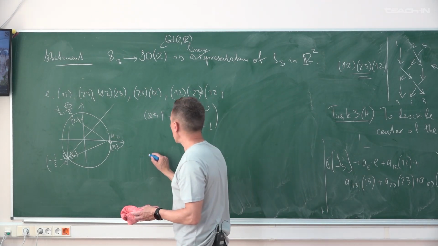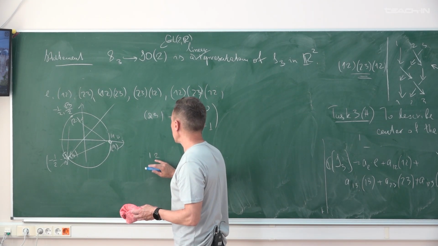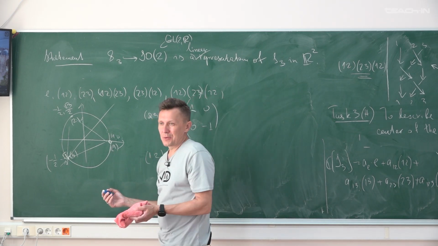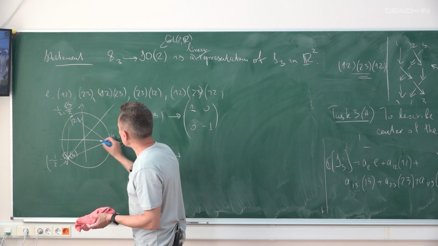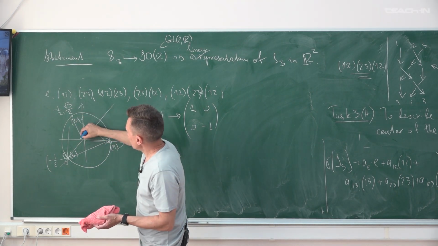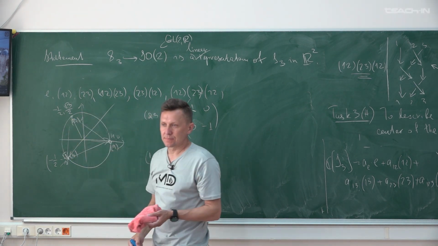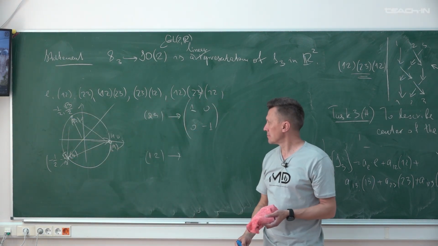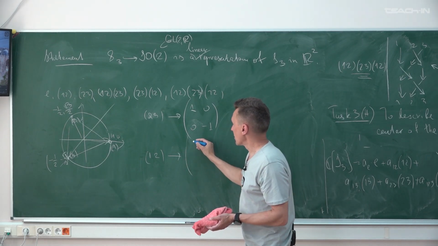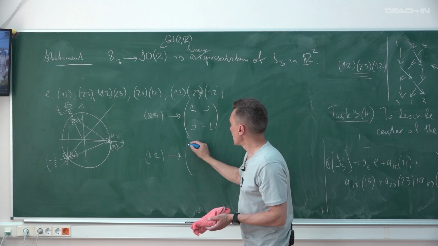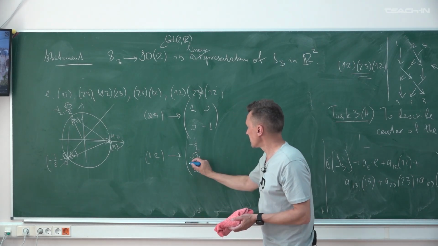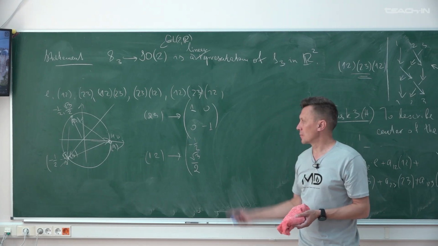But 1, 2 is a little bit more complicated, but not so much. So what's the image of this vector? So the column is, yes, in the second column.